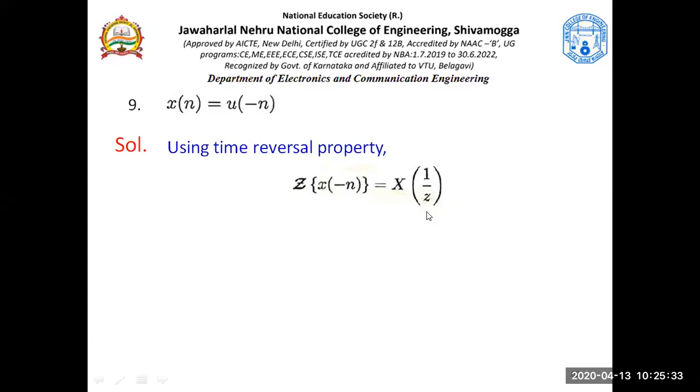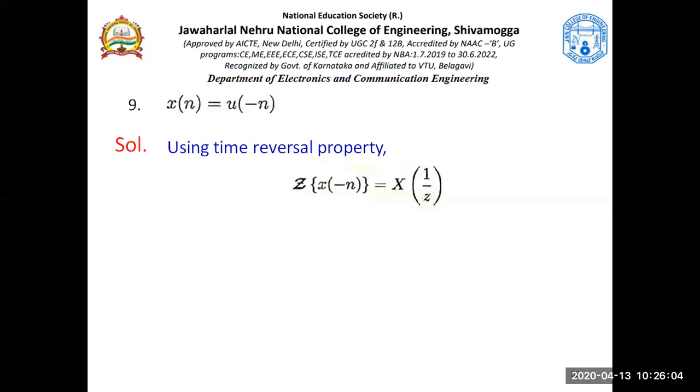So if you have just x of n, it is x of z. If you have x of minus n, z is replaced by 1 by z. That's it. So time reversal means, in the z domain, z has to be replaced by 1 by z. Simplest of the properties. If you have x of n, it is x of z. If you have x of minus n, it is x of 1 by z. I hope everybody understands that.